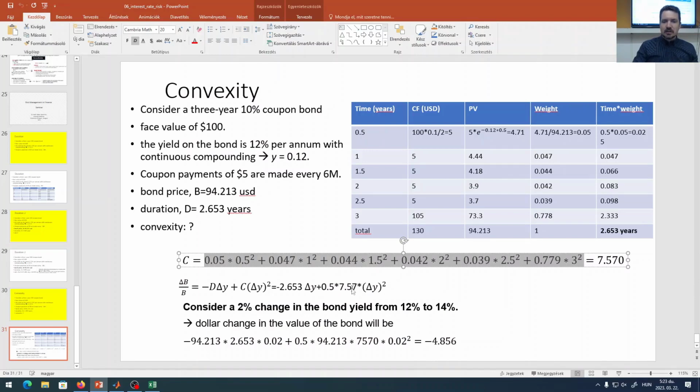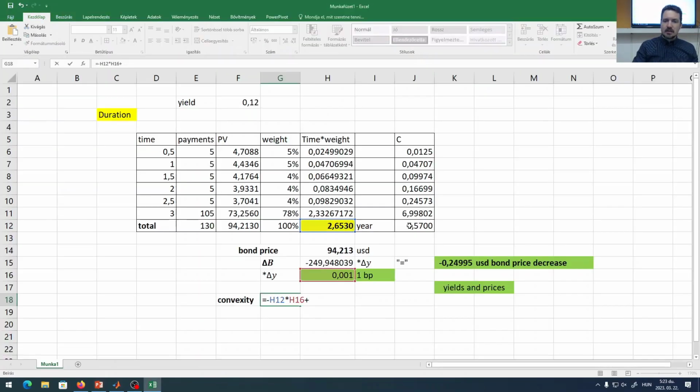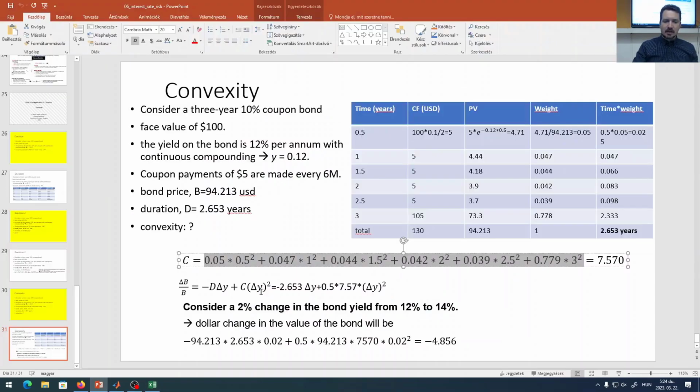Yeah, this one is the C, yeah. Multiplied by, but who are you? This is supposed to be here, this is supposed to be here. Hopefully this is just a typo.